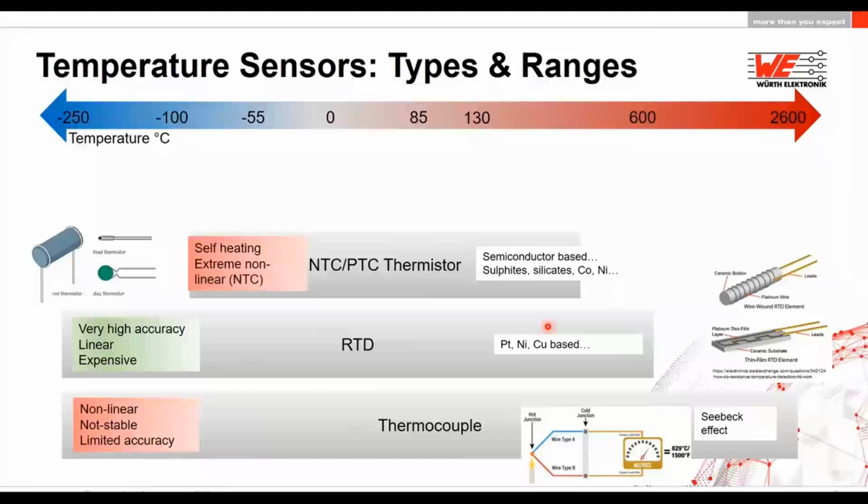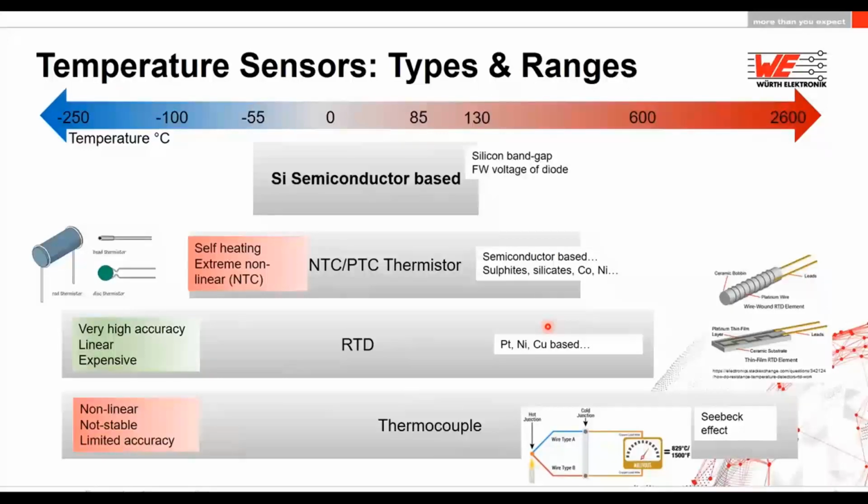These kinds of thermistors have a self-heating problem, so you have to recalibrate when the temperature changes. Also, in dynamic temperature, where your temperature is changing very fast, these kinds of temperature sensors are not recommended. Also, they are extremely non-linear, so you have to scale again based on your application.